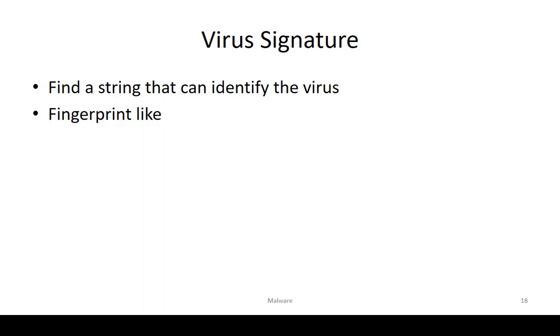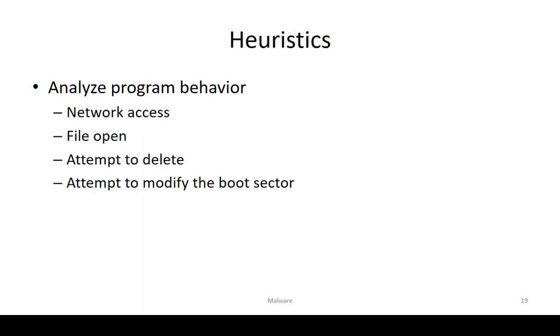Another way you can identify malware is by using heuristics. You simply analyze the program's behavior: how it accesses the network, what files it opens, if it attempts to delete files or modify the boot sector. Another option is to compute a checksum.